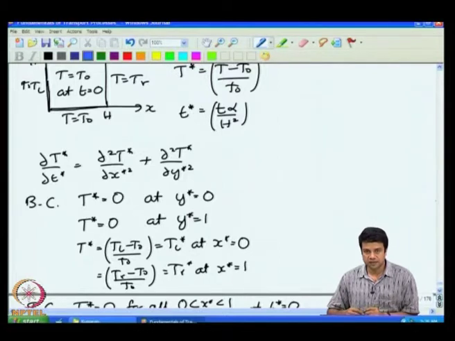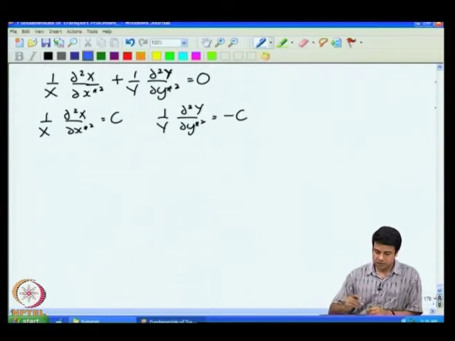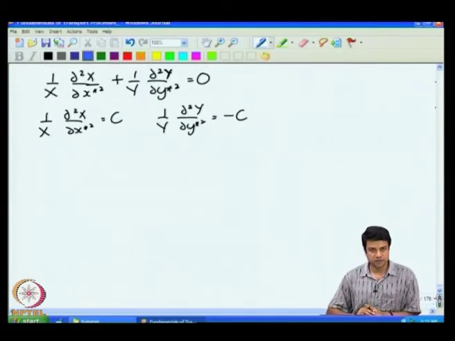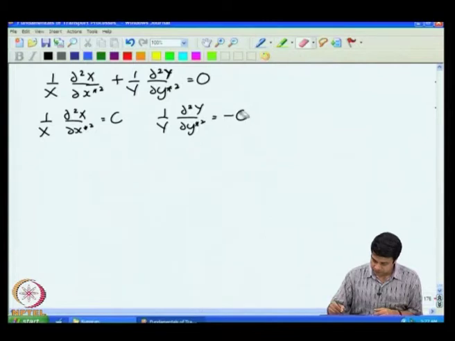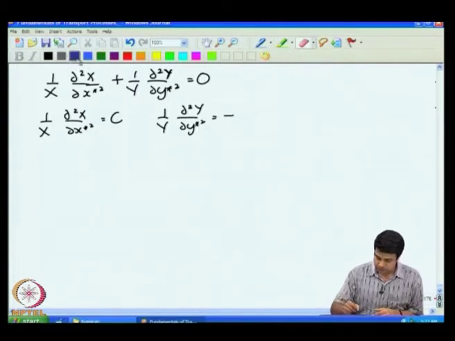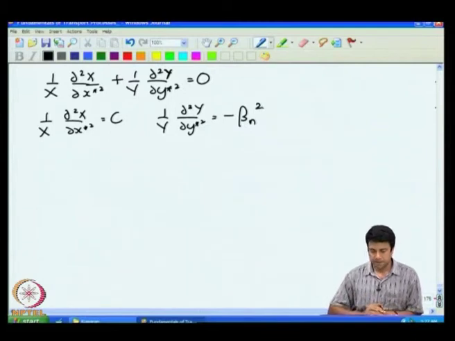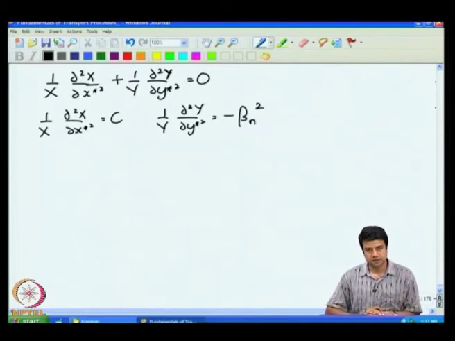Therefore, you have to get sine and cosine solutions in this direction, and therefore, this constant c has to be a positive constant, so that you can get homogeneous boundary conditions in that direction. So, let us call this constant c as some beta n square.